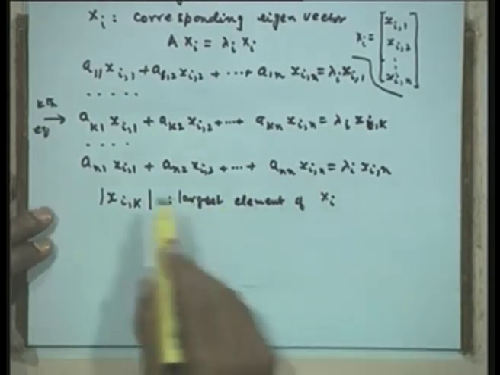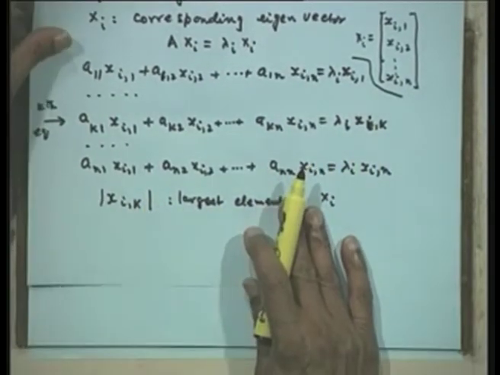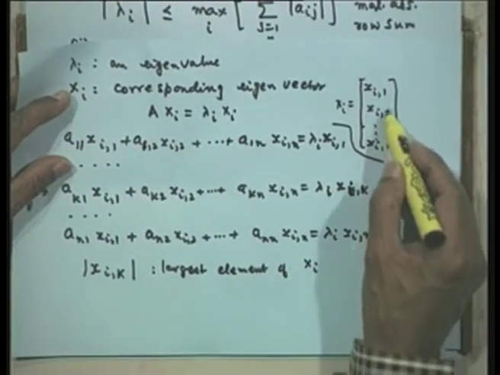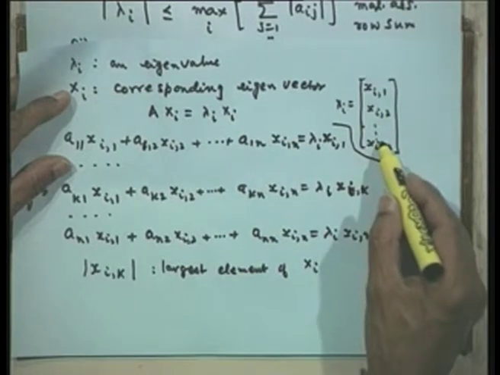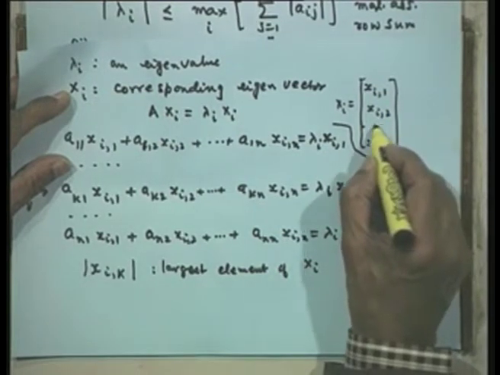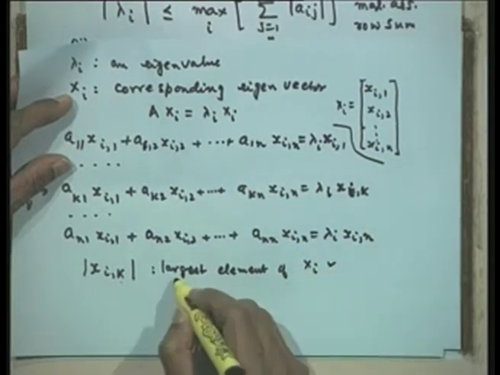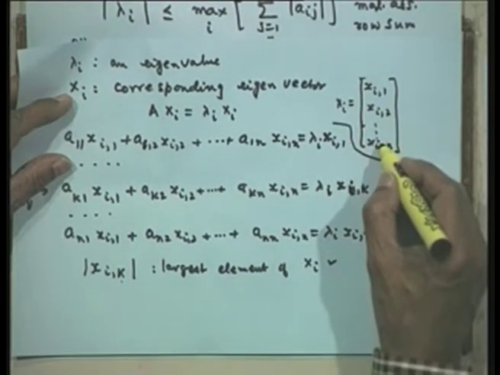I find that xik is the largest element in magnitude of all these components.